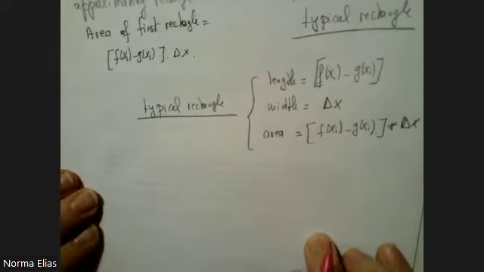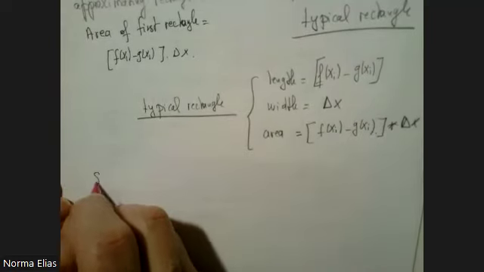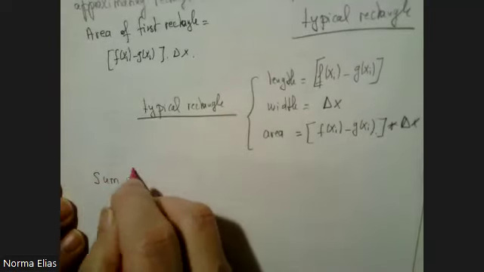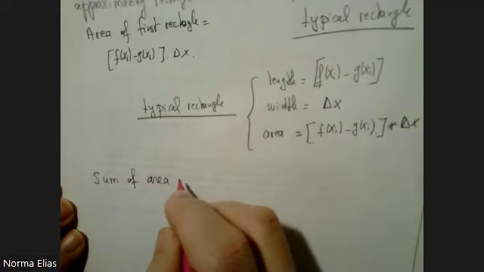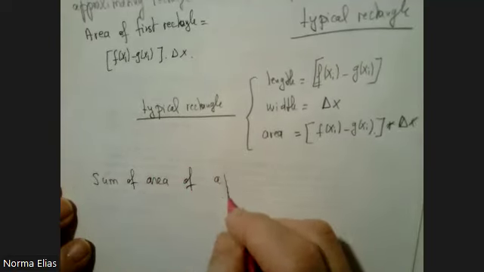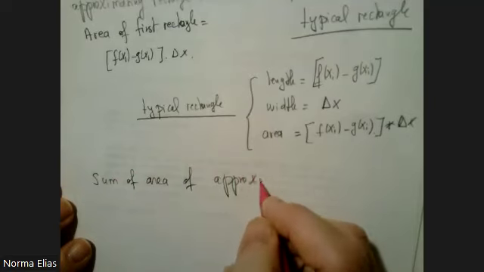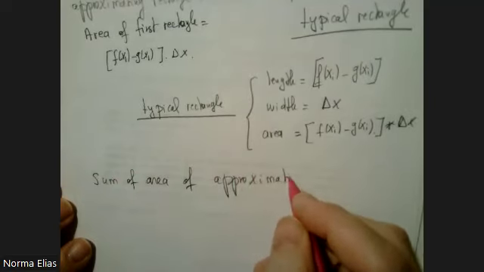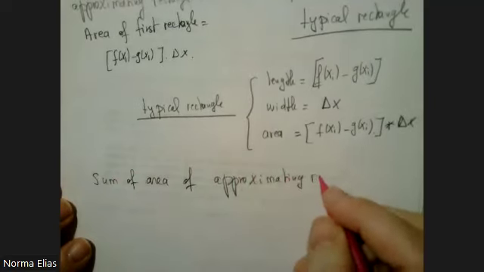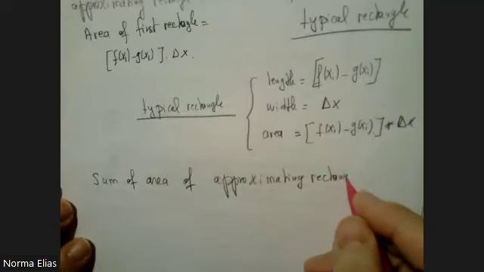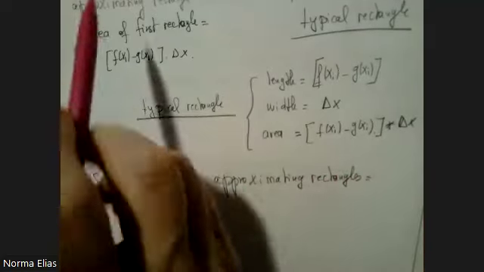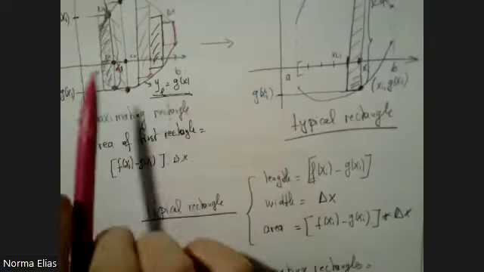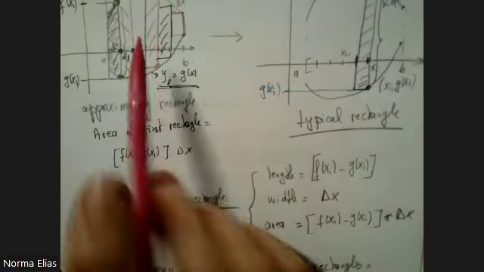Now, what's the sum of the areas of the approximating rectangles? That means if I take those rectangles, those I call approximating, what's the sum of their areas?